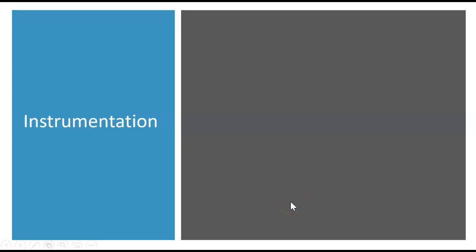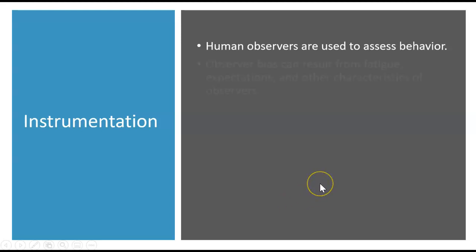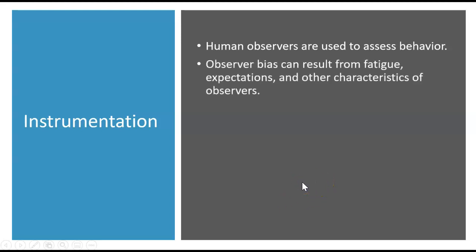An instrumentation effect, and I've always thought this needed a different name because, right off the bat, you start by talking about human observers, and then you have to call that an instrumentation effect. People aren't instruments, but in this case, you have to think of, what are we using to collect the data? What are we using to assess the behavior? Sometimes it's an observer, a human being, who is assessing the behavior, counting behaviors, categorizing behaviors, for example.